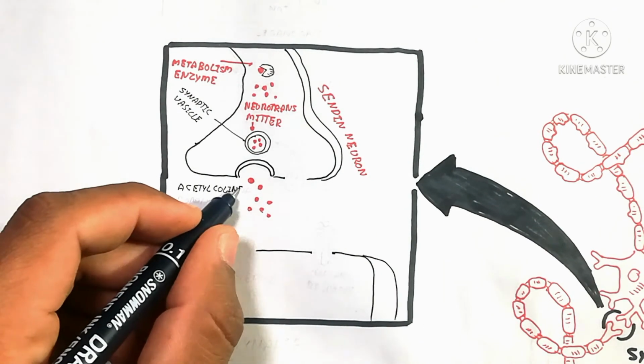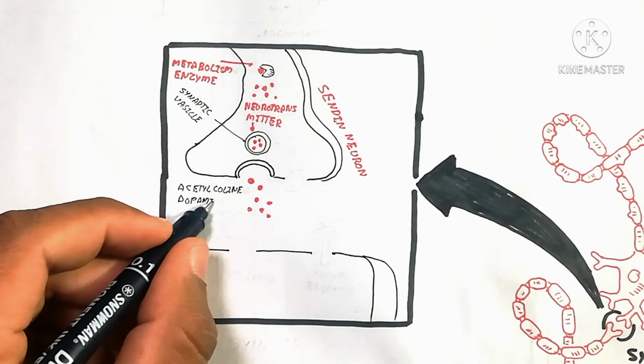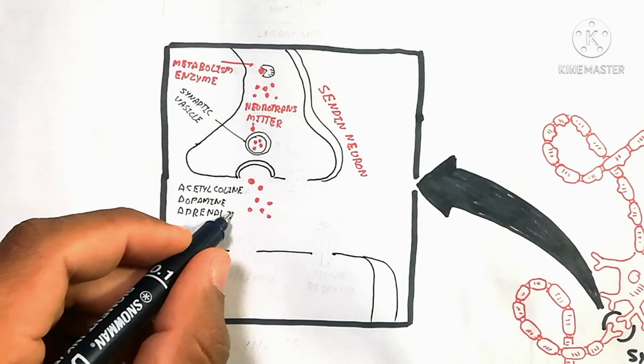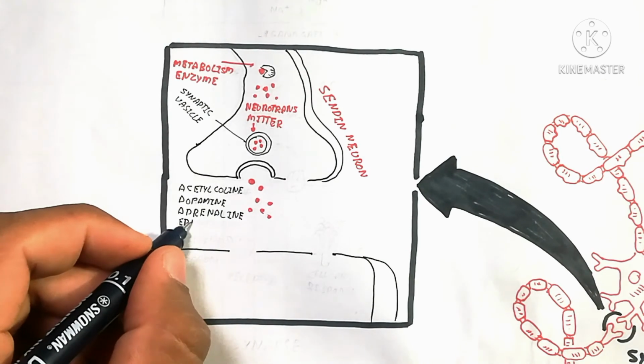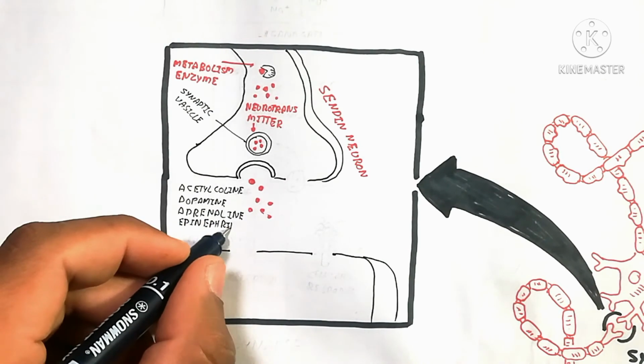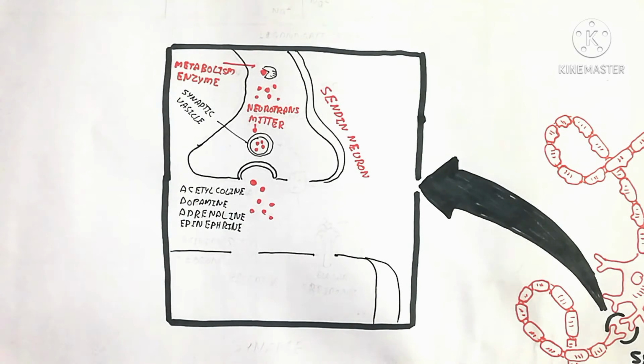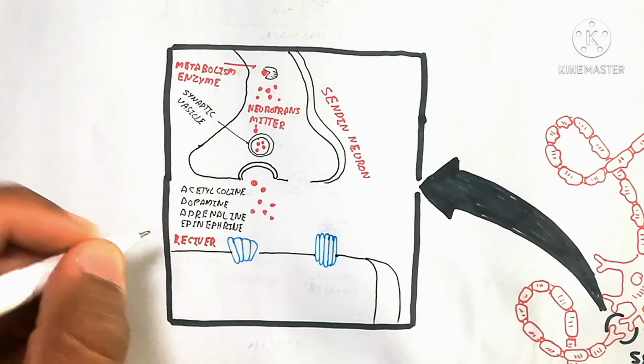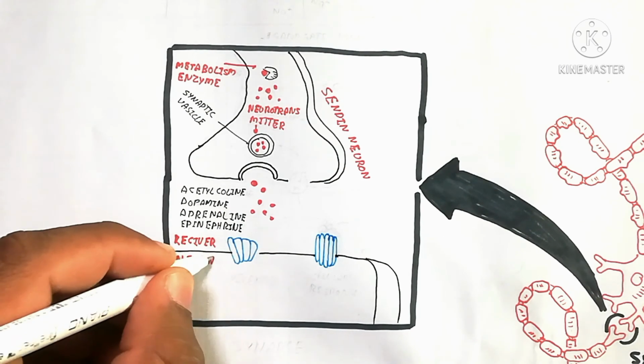And here the acetylcholine, for example, as a neurotransmitter will bind to the receptor, the acetylcholine receptor, to give the action potential to the next neuron.